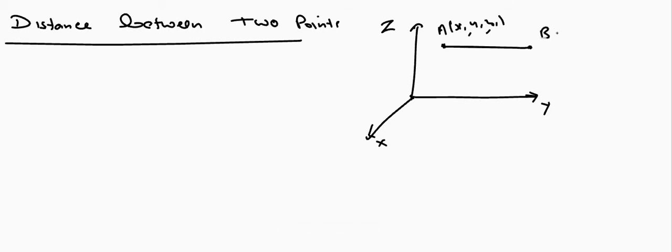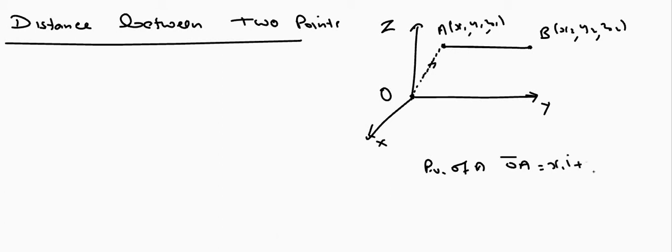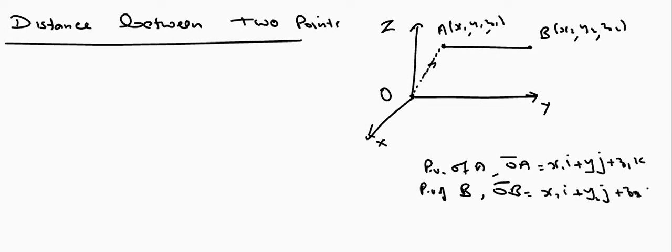The position vector of capital A, that is OA vector, a vector joining O and A, will be x1i, y1j and z1k, and position vector of capital B, that is OB vector, is x2i plus y2j plus z2k.